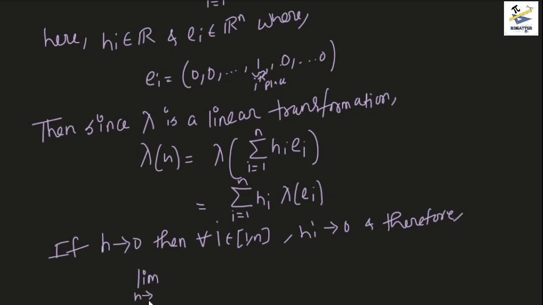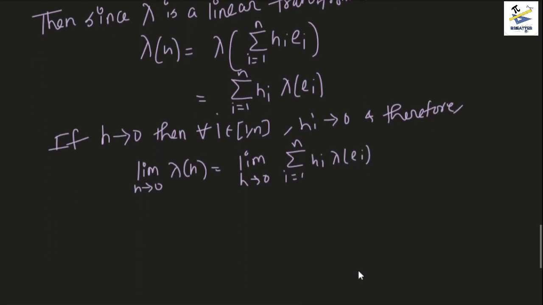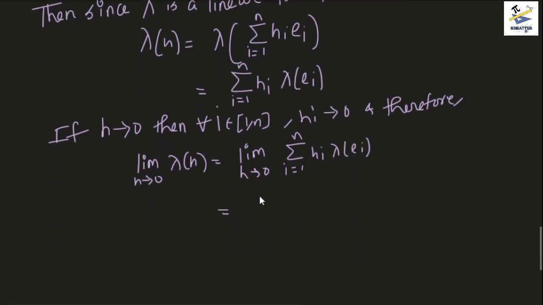the limit as h tends to 0 of lambda of h is simply the limit as h tends to 0 of the sum, and this can be written as a sum of terms, and this term goes to 0, right?